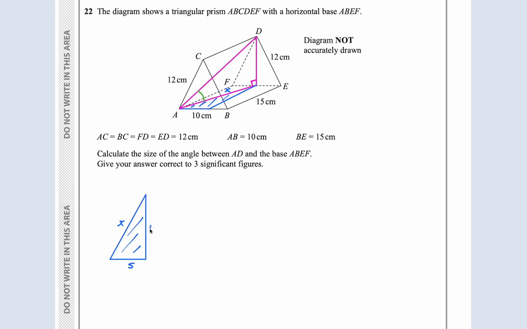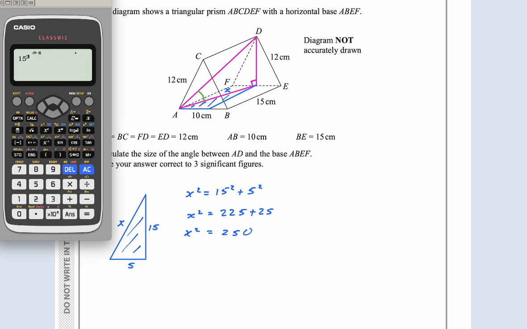And this length is 15. So I can get x using Pythagoras. X squared is 15 squared plus 5 squared. X squared is, I think that's 225 plus 25, which is 250. Let me just make sure about that.